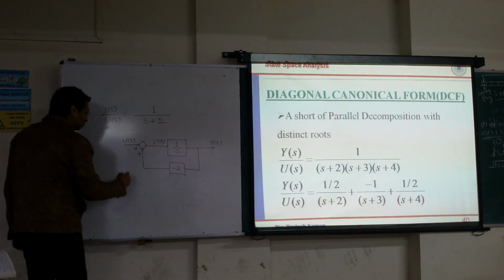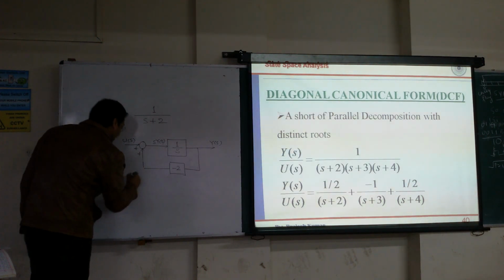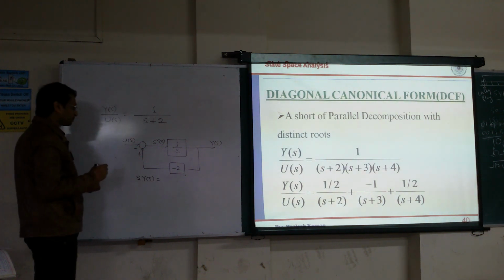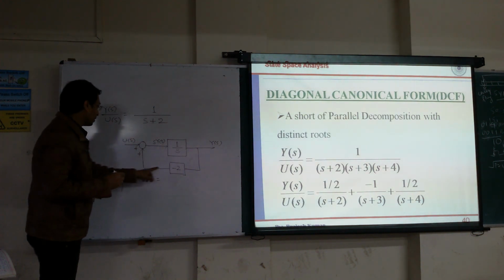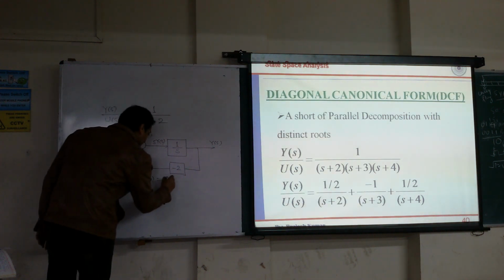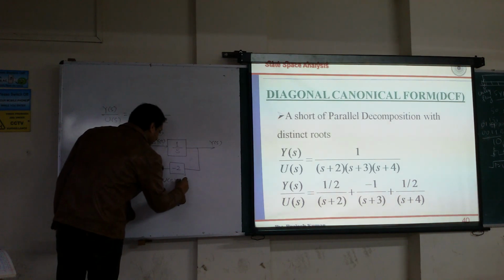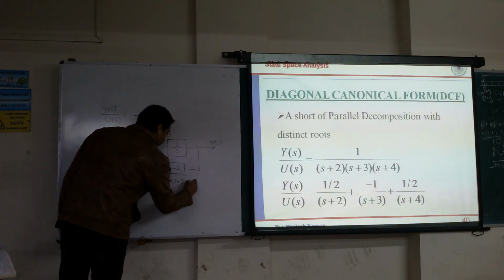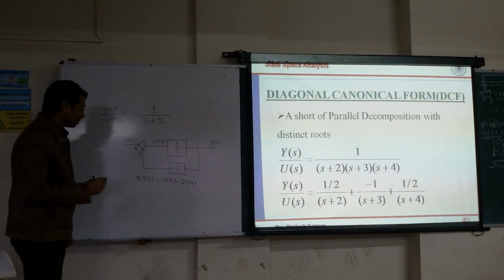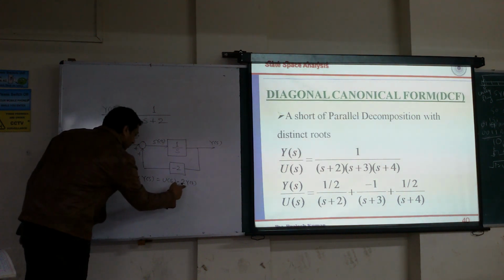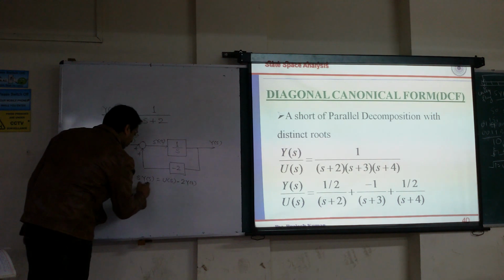Okay. So your s into Y(s) will be equal to what? U(s), okay, minus 2 into Y(s), correct? So what I am going to do, I am going to take this term, Y(s), common from both sides.